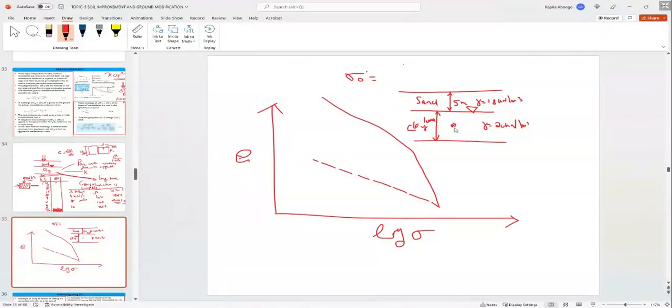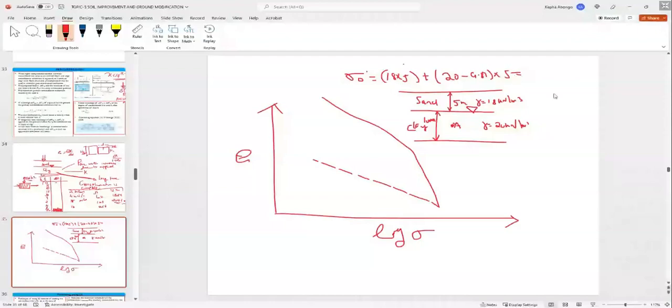So let's compute the initial effective stress of that clay layer. The initial effective stress at this point A will be 18 times 5 plus (20 minus 9.81) times 5.